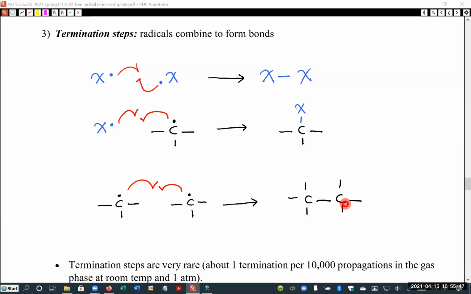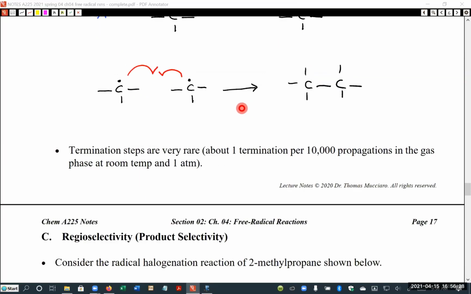It was by very careful experimental work that the scientists who worked out this mechanism discovered ethane in the products that was not present in the reactants. Initially they thought it was just a contaminant, but they went back and purified the methane very carefully so that there could be nothing else in there, and they still saw ethane in the products. That was a clue that we must have something like this going on, where two of the methyls are combining together. That's really strong evidence that the free radical mechanism looks like this. Okay.